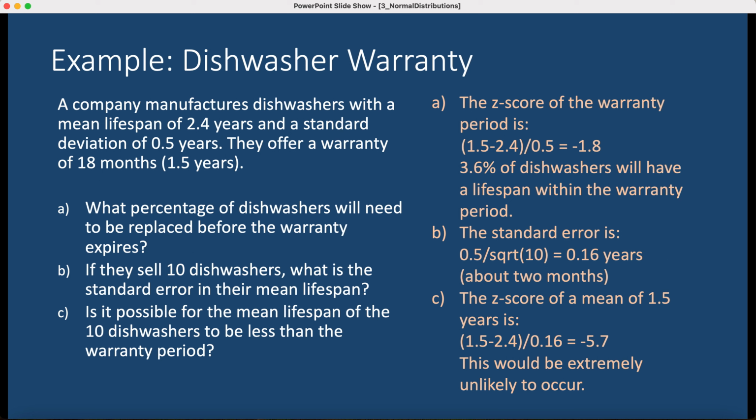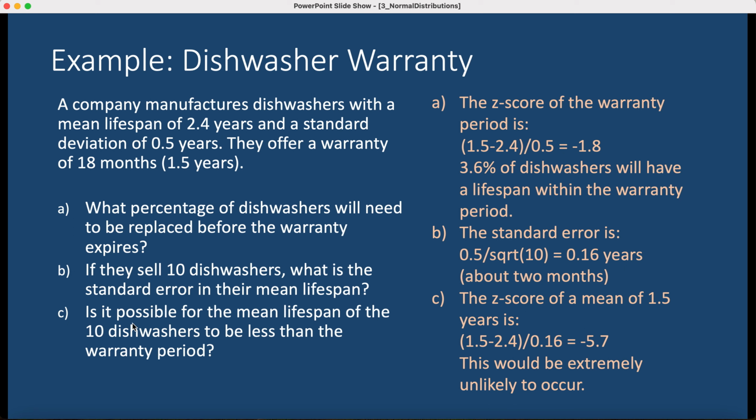But what it's giving you is information about the variation in the sample of size 10. And that's a value of 0.16 in this case, which is about 2 months. And so if you have a sample of 10 dishwashers, a one standard error range is about 2 months on either side. So that's a way to think about how much variation there is.